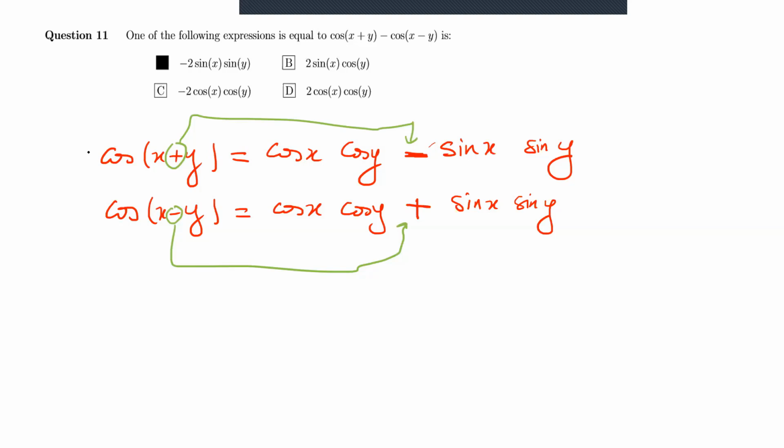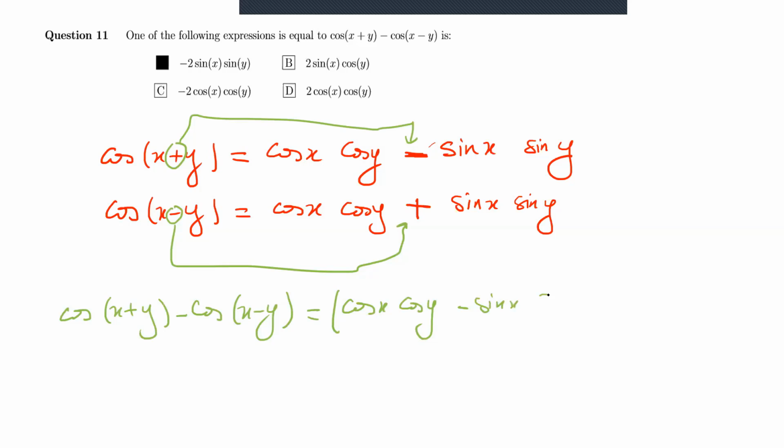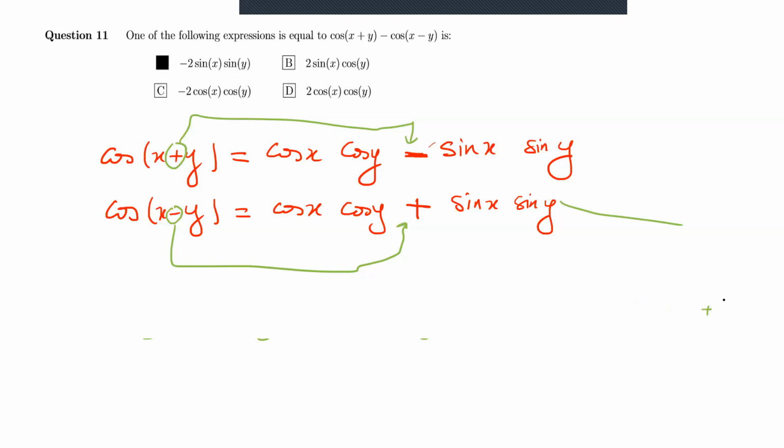Now we want the difference between these two quantities. We have to be careful. The better thing to avoid mistakes is to use parentheses. So this is the first quantity, minus, we open the parentheses and we write the second quantity, cosine x cosine y plus sine x sine y.